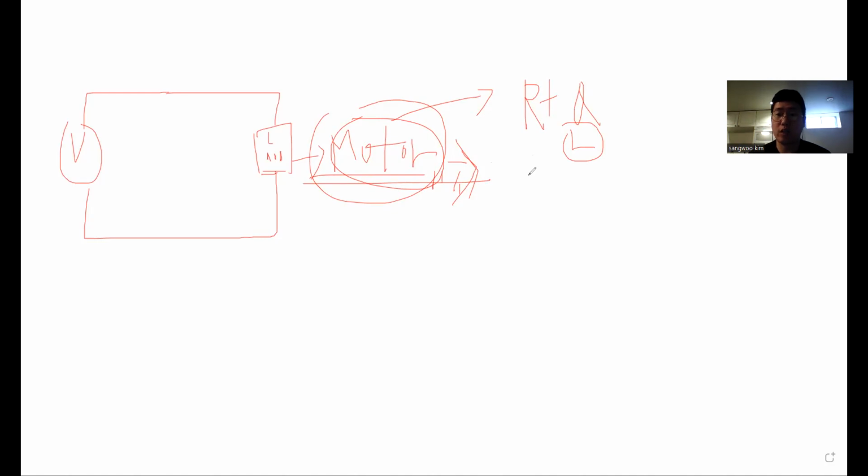If you didn't understand why motors are indicated as L, just watch it there, okay? So we could say this is an RL circuit. Here's the source, R, sorry, R L, right?